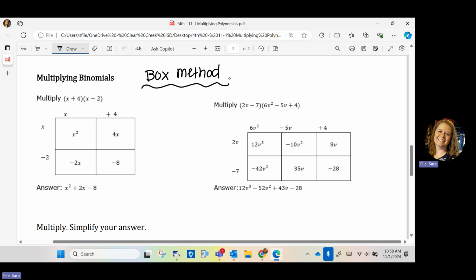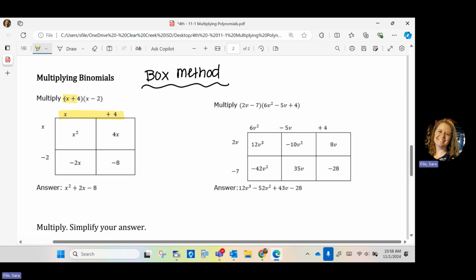It's aptly named because you see a box. So what you're doing, and you can see in this example on the left, is a binomial times a binomial. So 2 terms in this parenthesis, 2 terms in this parenthesis. So our box is going to be 2 by 2. Your first binomial, x plus 4, is on the top of each column.